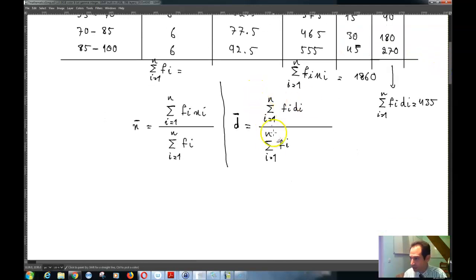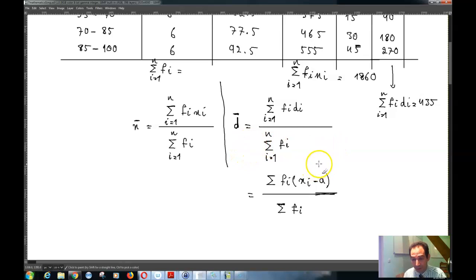So in this formula, instead of d of i I can write x of i minus a. So I can write here sigma f of i times x of i minus a, and divide that by sigma f of i. That is equal to d bar.